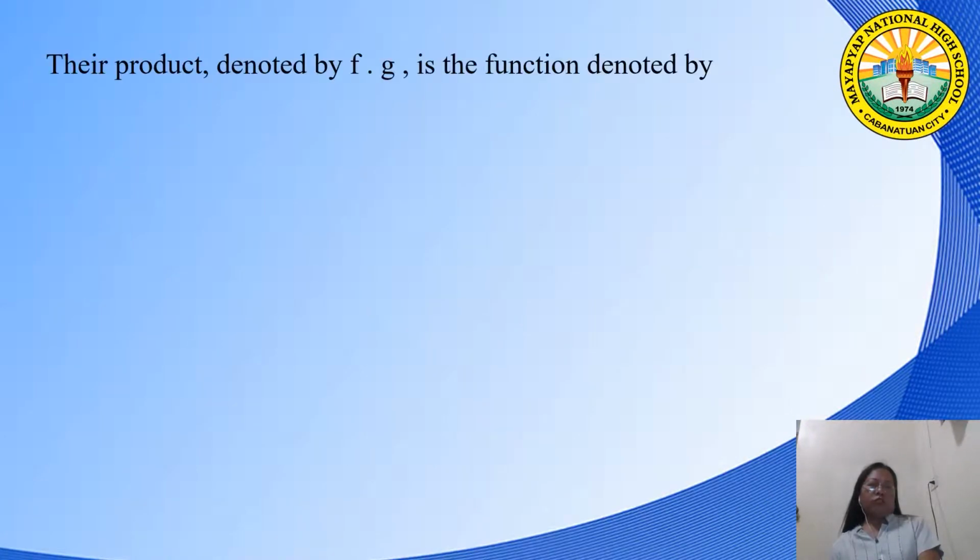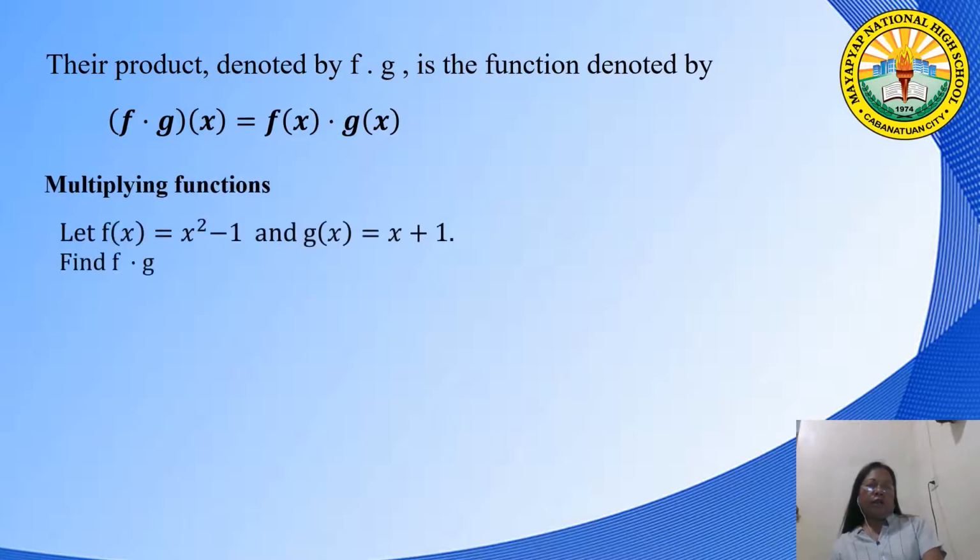Then how to multiply functions? In multiplying functions or in finding the product, it is denoted by f times g. That means multiplication is the function denoted by f times g of x equals f of x times g of x. So let's have an example.